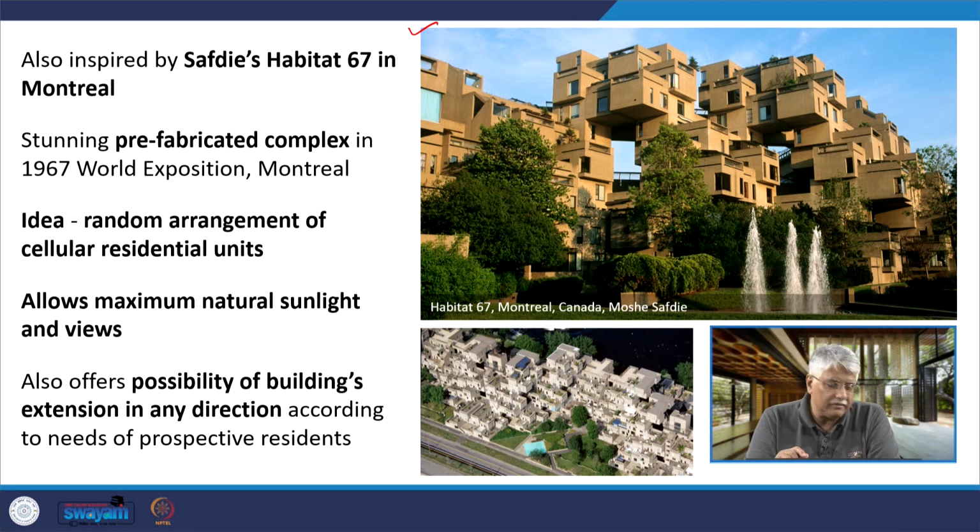The idea that they saw was a random arrangement of cellular residential units, as you see here in the picture, and it allows for maximum natural light to enter the dwellings, and each housing unit has very good views. It offers the possibility of building extension in any direction according to the needs of the prospective residents.